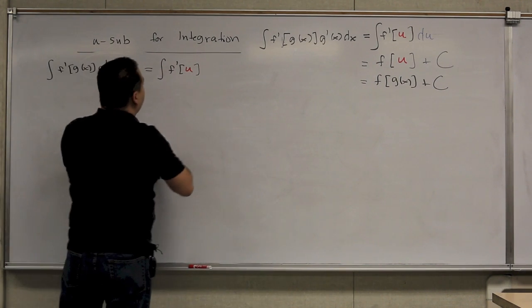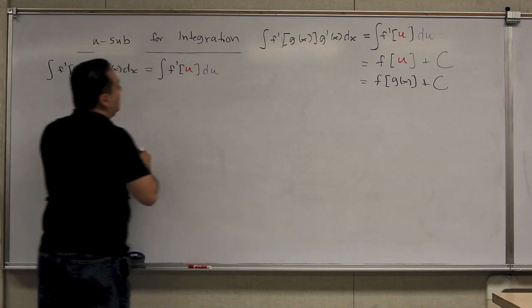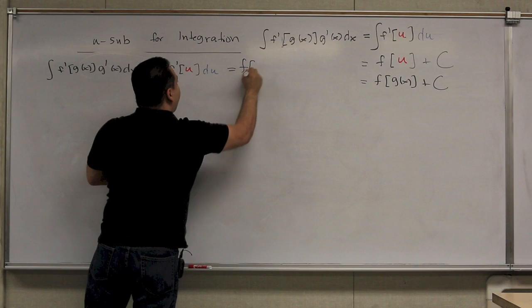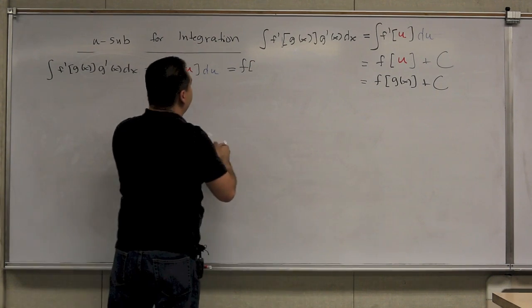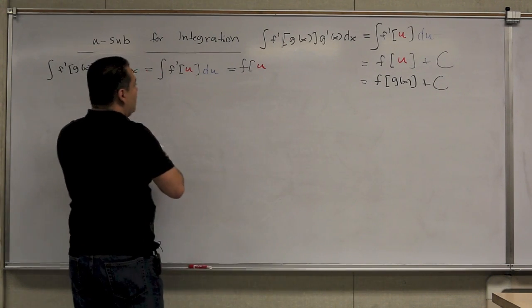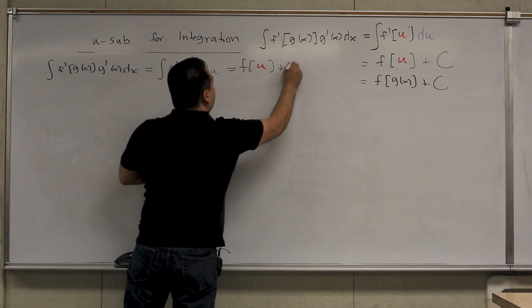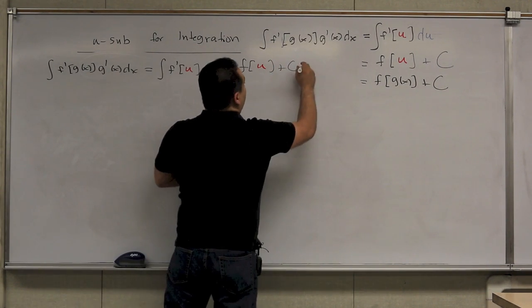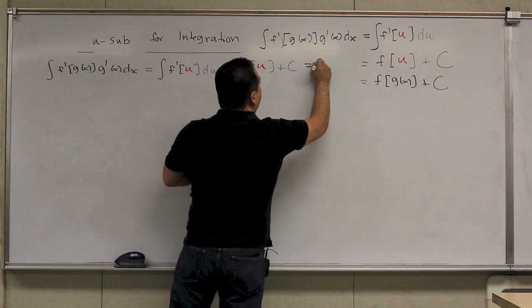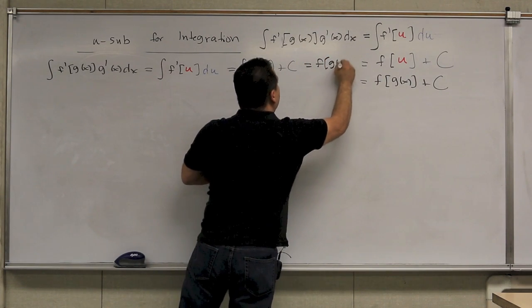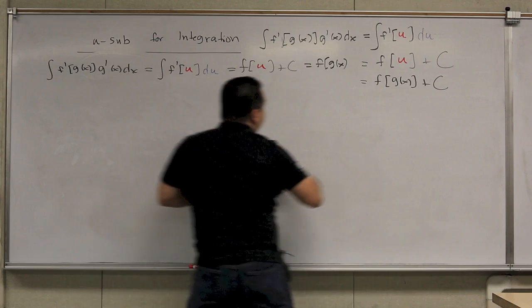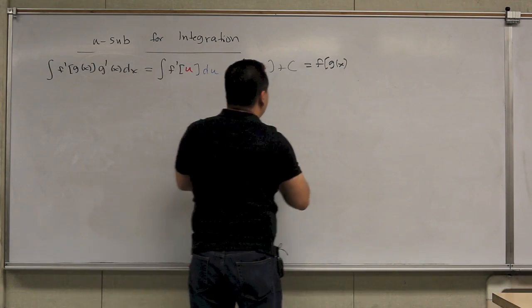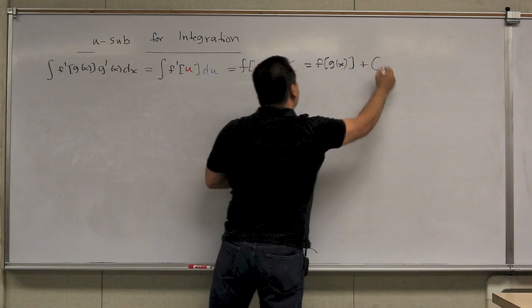And then we'll have du. Now, we know that equals f of u plus c, where u is equal to g of x. So let's erase this. Plus your c.